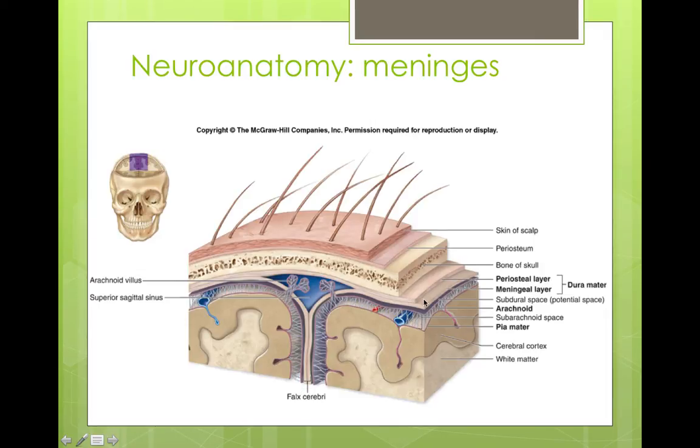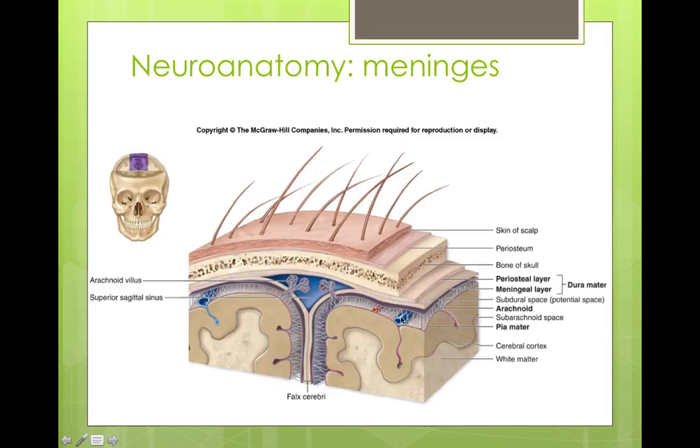Below the dura mater, there is the arachnoid mater, and then there's a pia mater. Between the dura and the arachnoid, there's a subdural space. Between the bone and the dura mater, there's an epidural space, and between the arachnoid and the pia, there's a subarachnoid space.